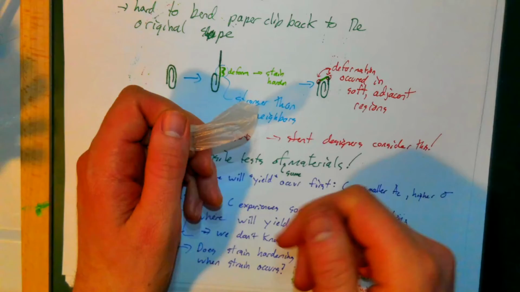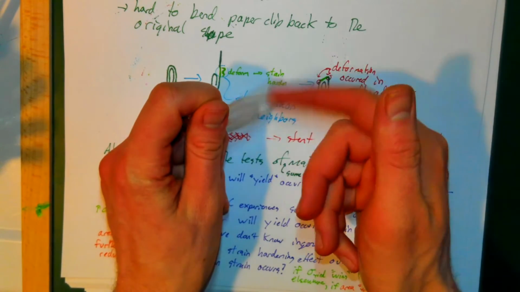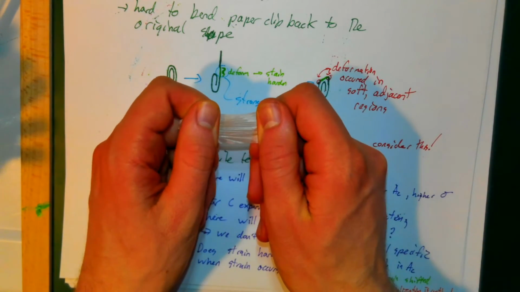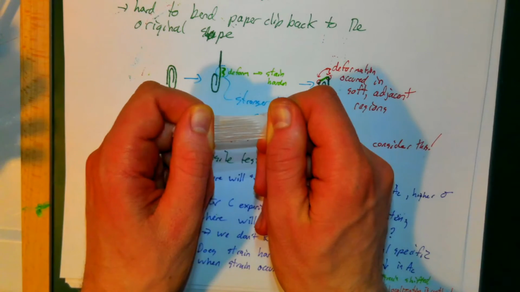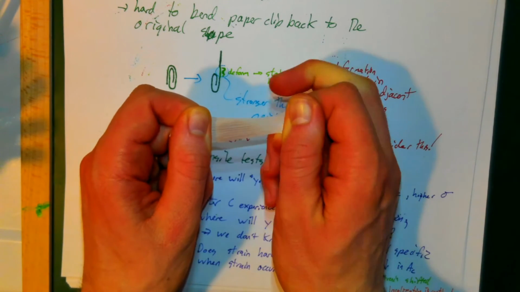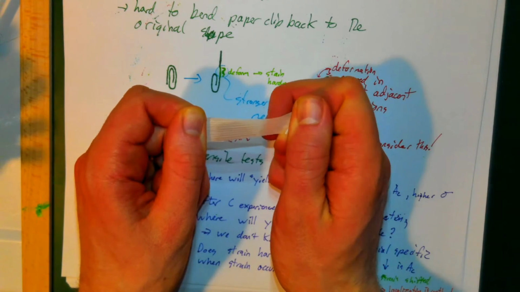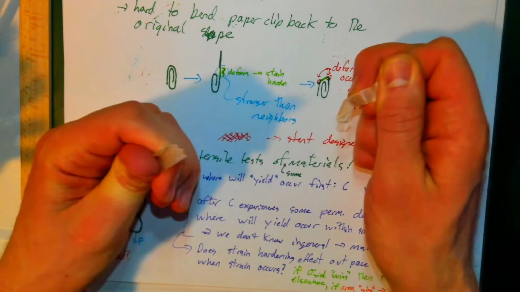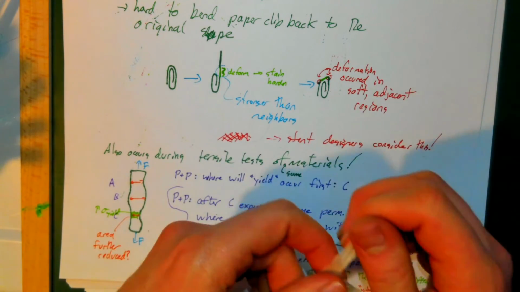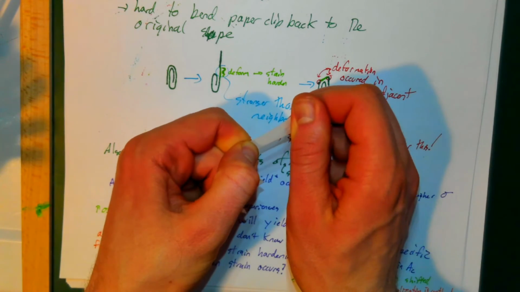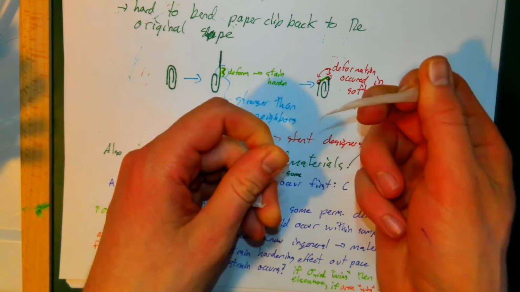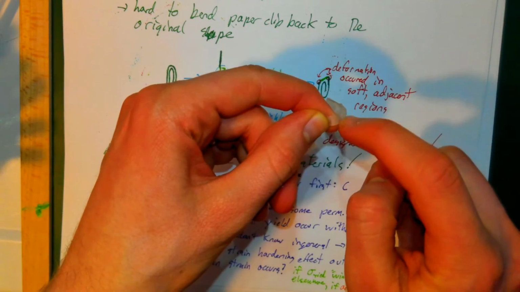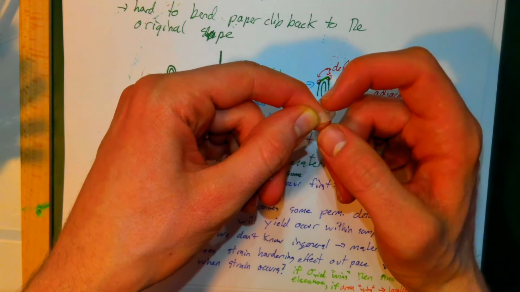And you can see this localization effect in the plastic bags. So I take this plastic bag, I start stretching it, and you can see that basically this part started straining first. Its cross-sectional area is reduced. And, whoops, I strained it a little bit too fast. But basically, I started stretching it, and one area started necking down.